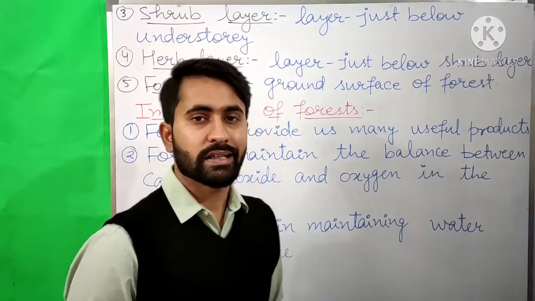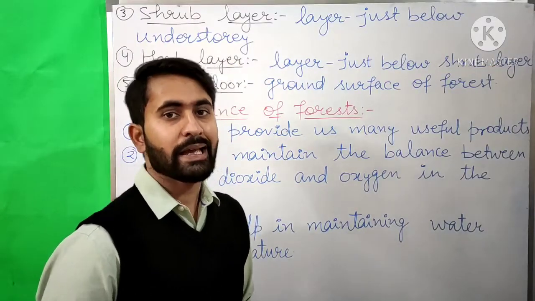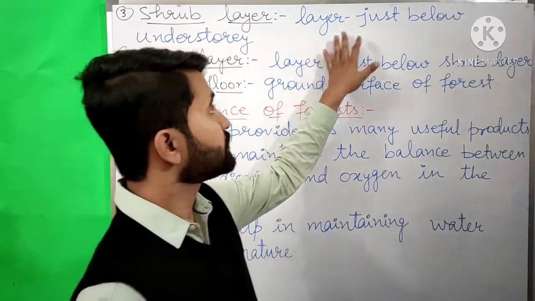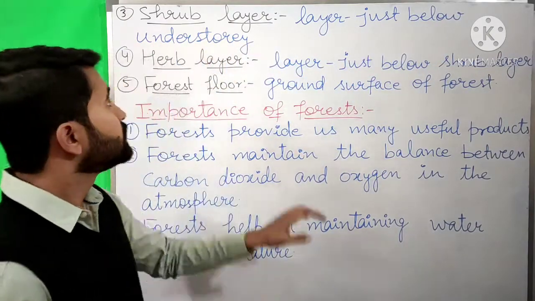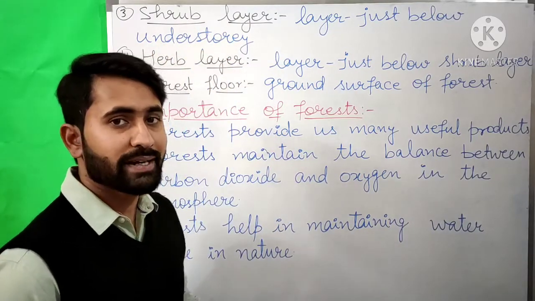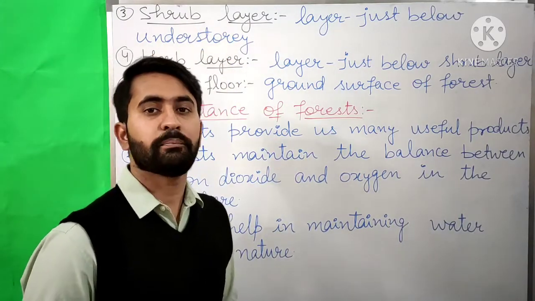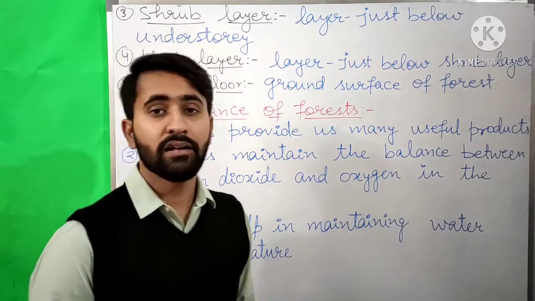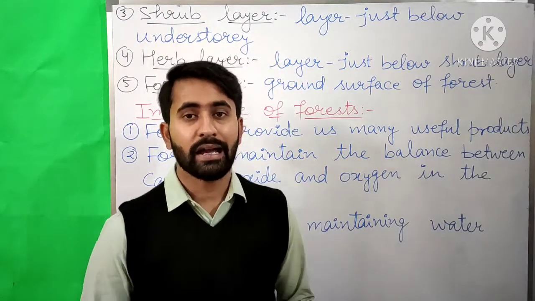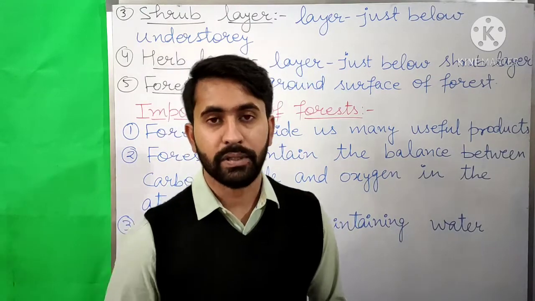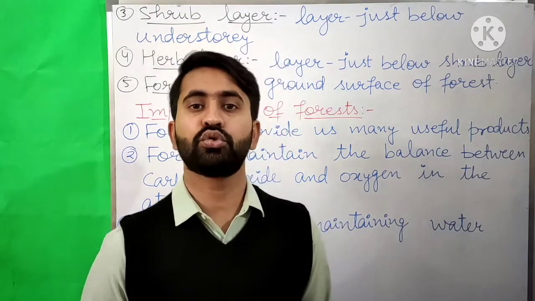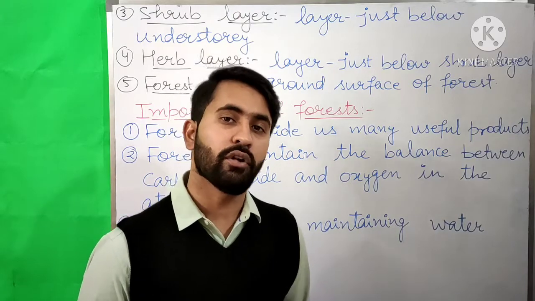The layer of vegetation in a forest which is just below the understory is known as the shrub layer. The shrub layer mainly consists of mature shrubs and bushes. The shrub layer has smaller vegetation which has a height between 1 meter to 2 meters from the forest floor.